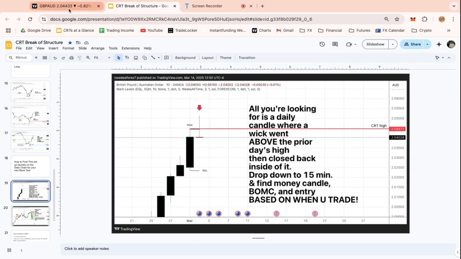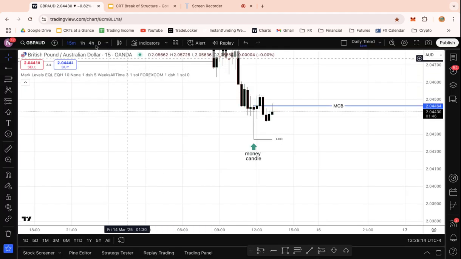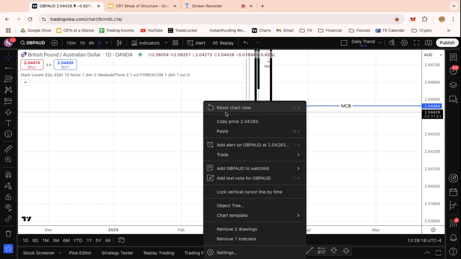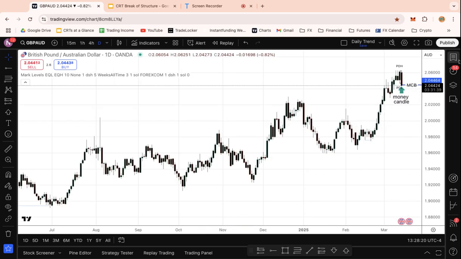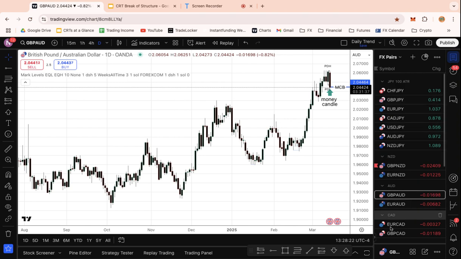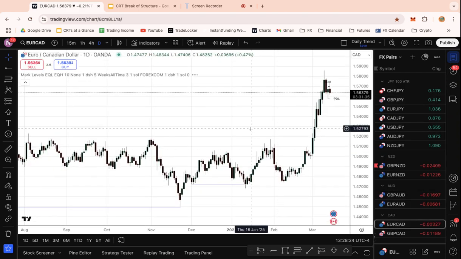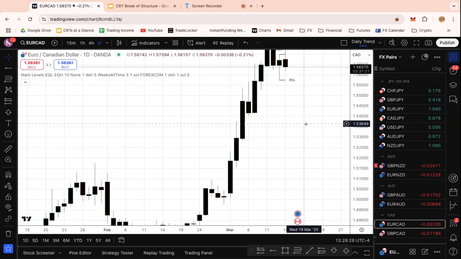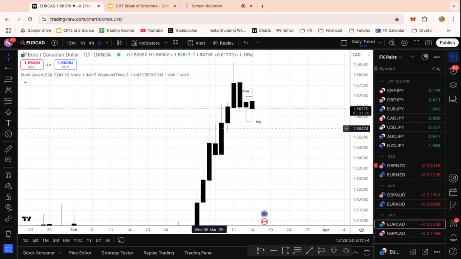As you go through the daily chart, I'll do it real quick live just so you know. Let's go to the daily, and I'll go to another pair. Let's do EuroCAD. What am I looking for? A wick that pokes above the day and then closes back inside of it.